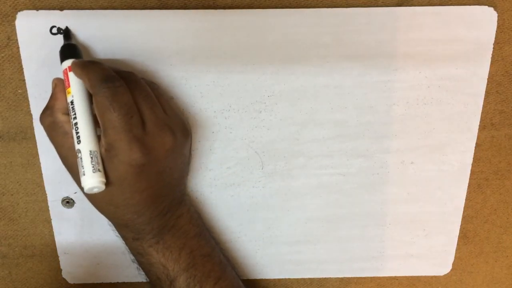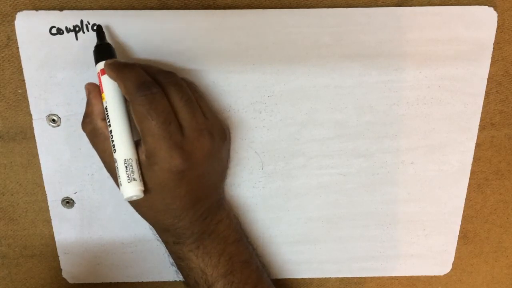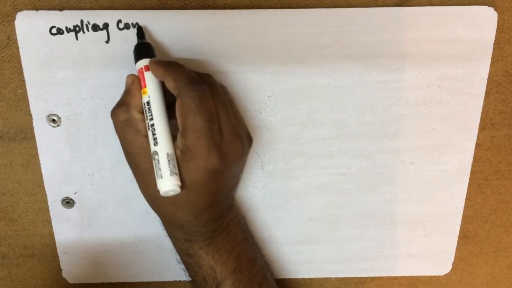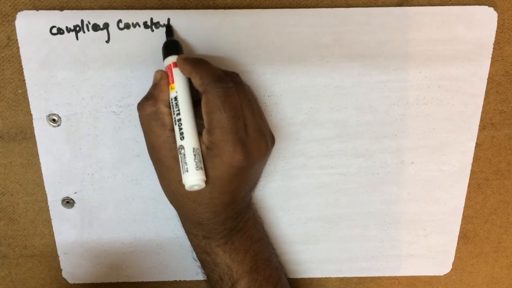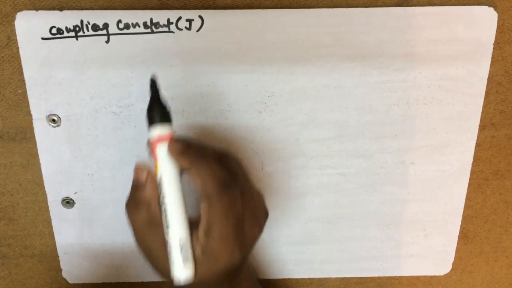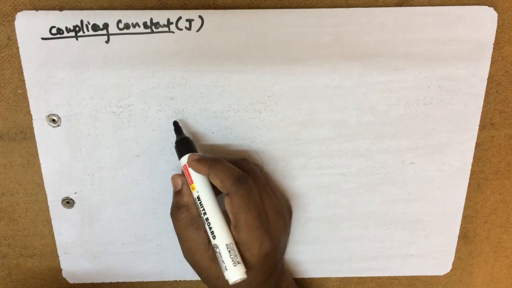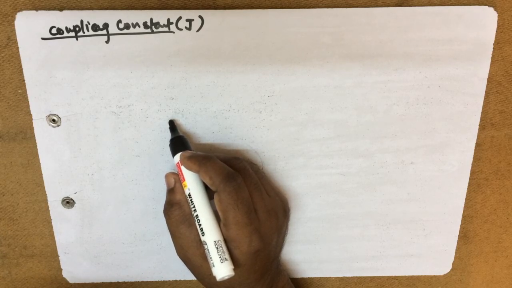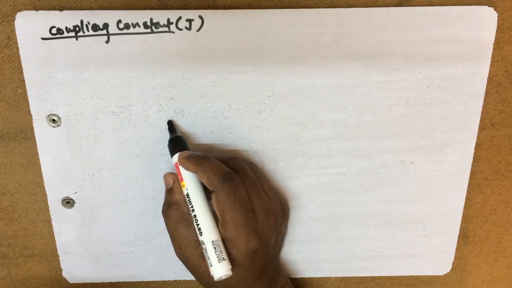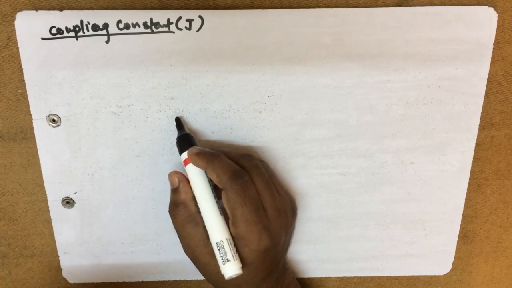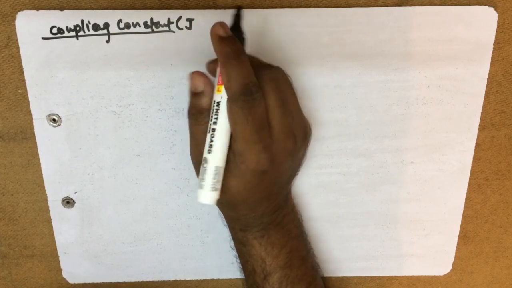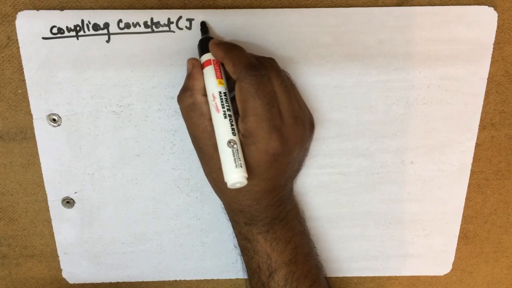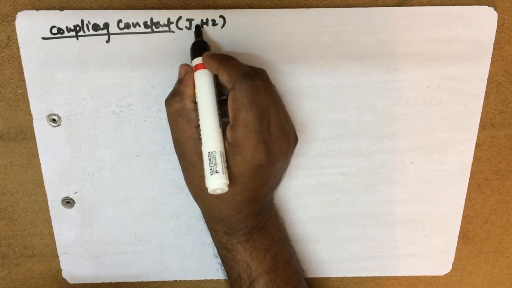Coupling constant is denoted by J. J value is denoted in hertz, or CPS, and never in delta, never in ppm. So always the unit is hertz.